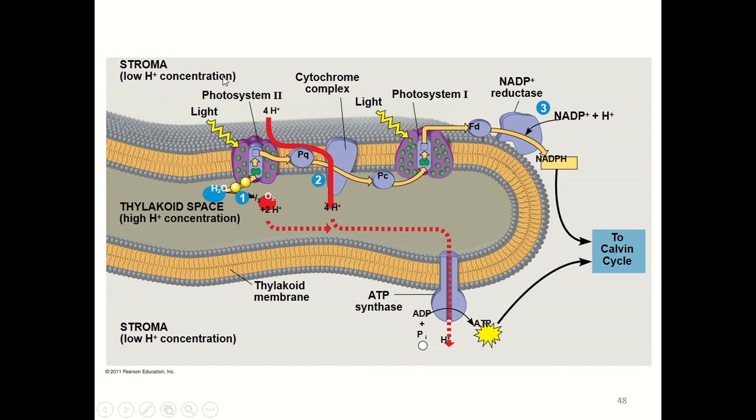Inside the thylakoid space is a high concentration gradient, so it will go back to the low concentration in the stroma, and then it will activate ATP synthase to synthesize the ATP.